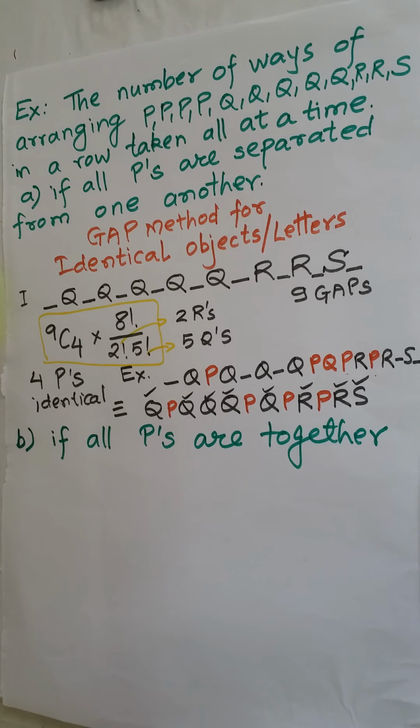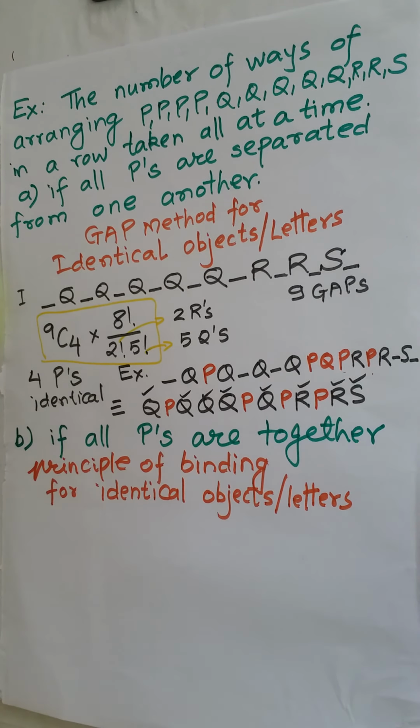Here there are identical letters. So yes, can we use the principle of binding for identical objects, letters here? So the answer is yes, we can use it like this.